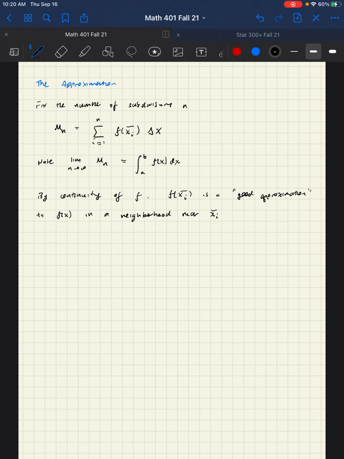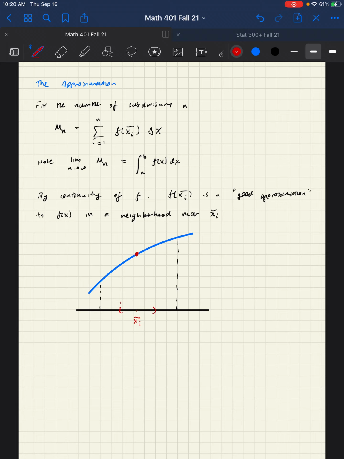If I can zoom in here on just one subinterval, I'll show you what that looks like. Here we go. Just one subinterval. Here is my midpoint, x sub i bar. Here's my function value.